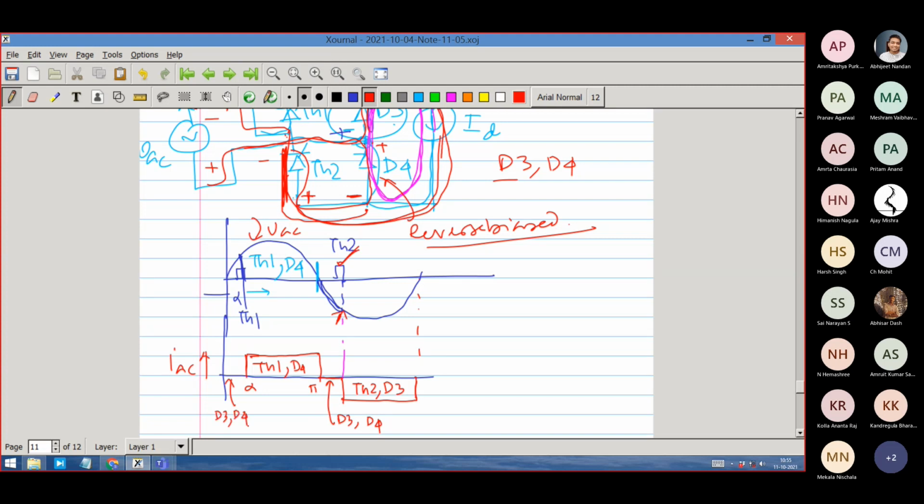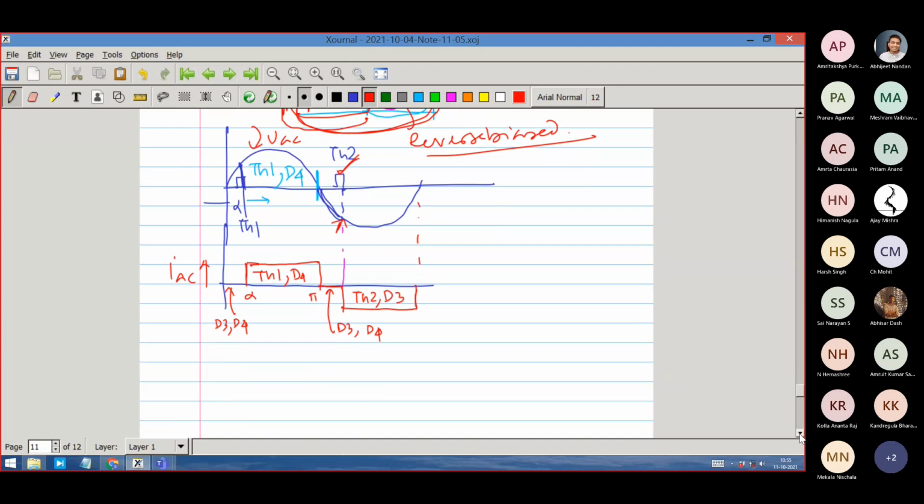So overall, if I want to see the conduction pattern, from 0 to pi, diode 4 is conducting. And when is the other one conducting?